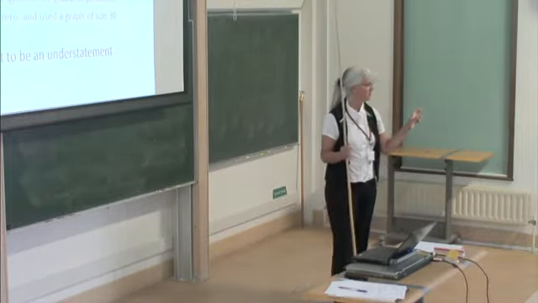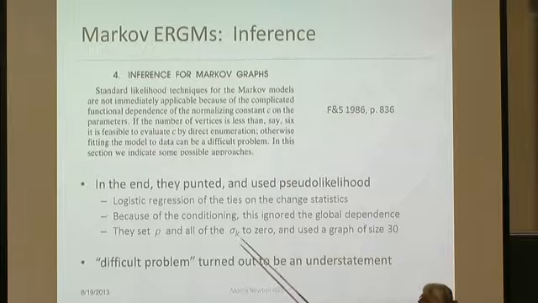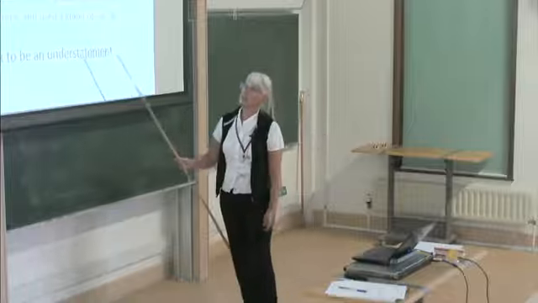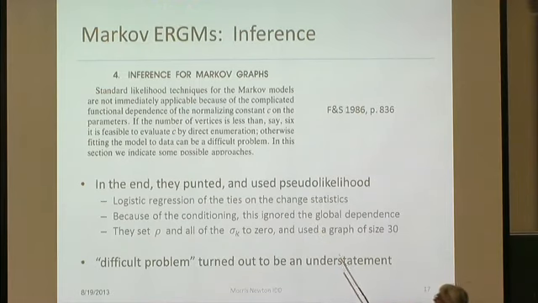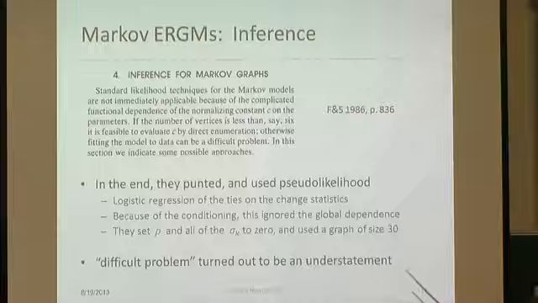It's just a logistic regression, right? So that seems easy, and everybody was kind of excited by the fact that you could actually use existing tools to estimate these models. Because of the conditioning, though, in the conditional log odds form for the probability of a tie that leads you to the logistic regression form, what this ignores is the global dependence. You get the local dependence, but you miss the cascading global dependence.